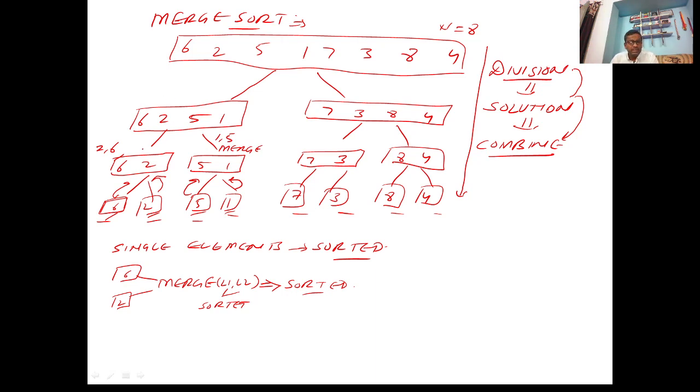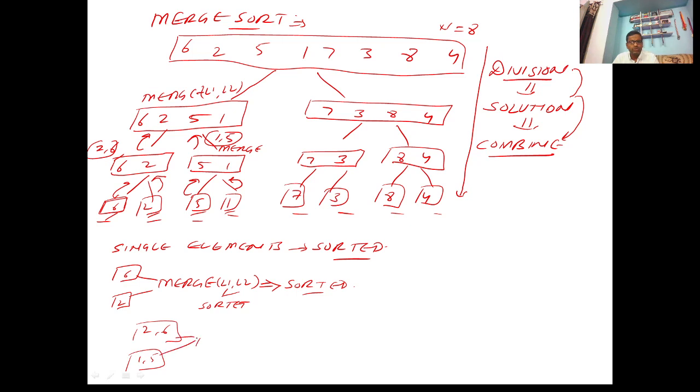So these two sorted lists, one containing 2 and 6, the second containing 1 and 5, are returned to this node, and at this node merge again will be called with L1 and L2. It means L1 is going to be 2 and 6 and L2 is going to be 1 and 5.